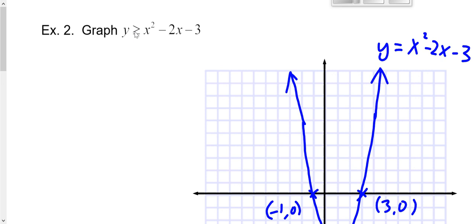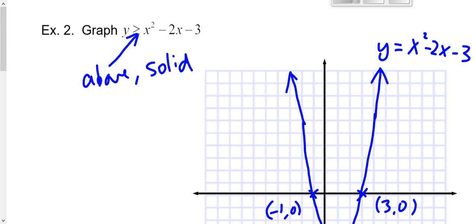What does that mean? Okay, so greater than means you shade the above region, and because we have the equal component, that means we use a solid line.